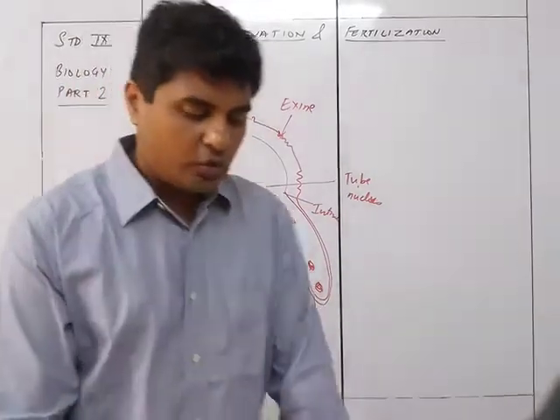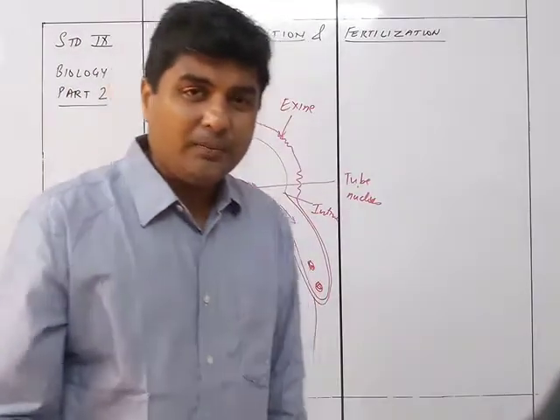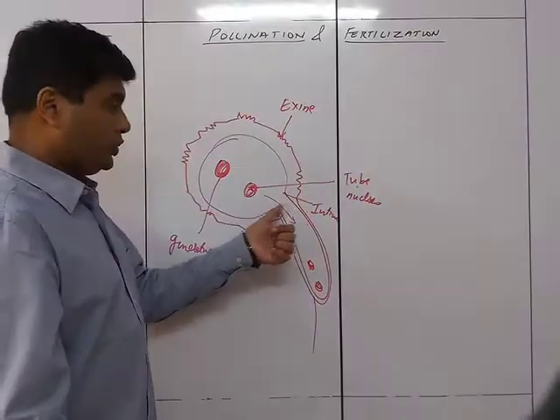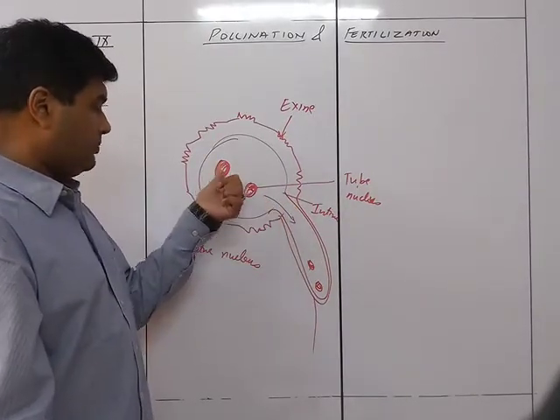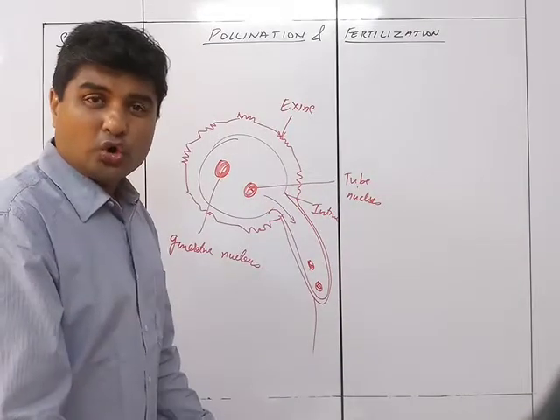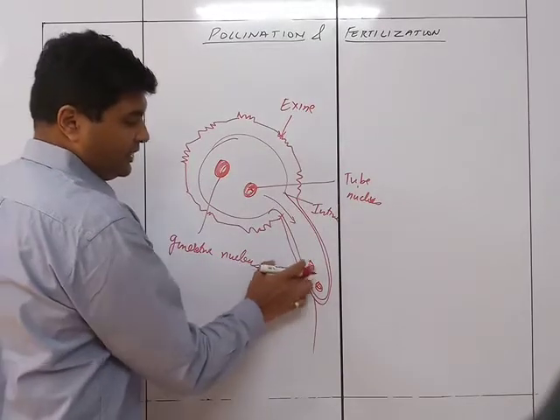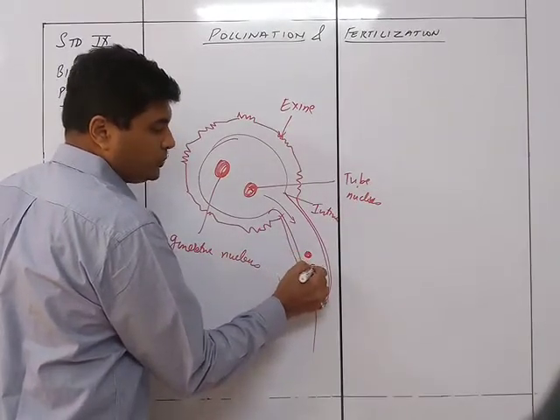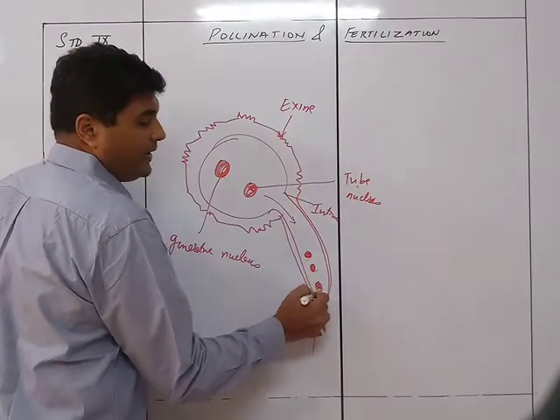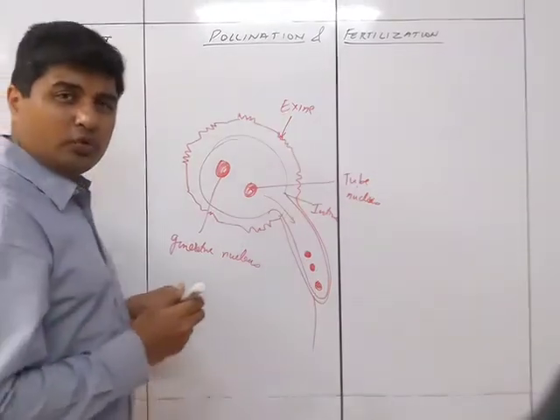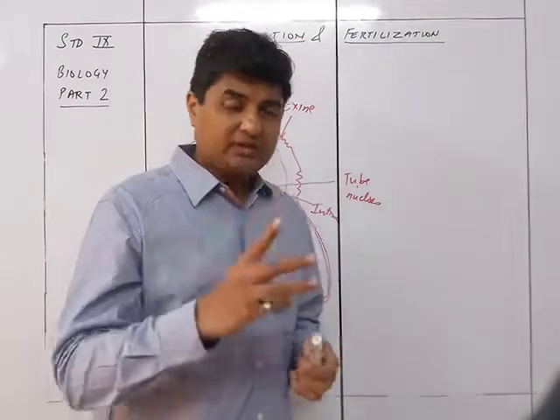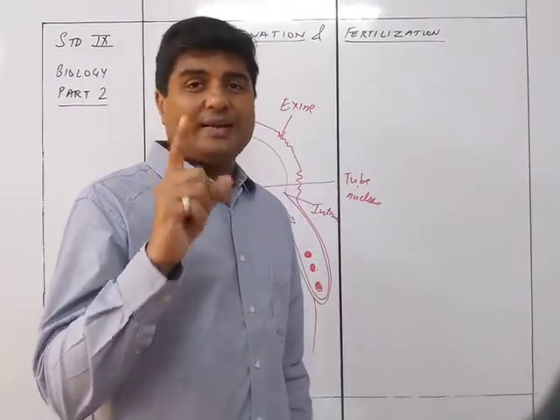So the tube nucleus is going to make a pathway for the generative nucleus to go towards the ovule. When doing so, the generative nucleus is going to split into two sperm nuclei. So when it is about to enter the ovule, there will be three nuclei. One is the tube nucleus, which is generating the tube.